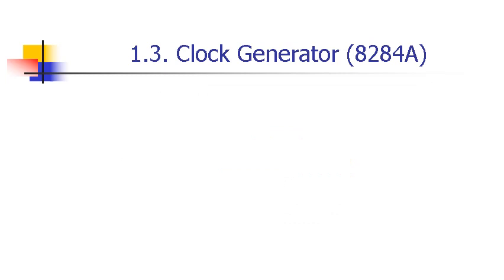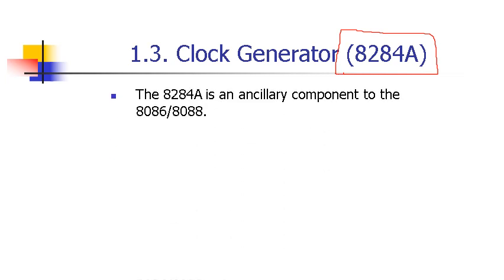Clock generator. We have a clock generator integrated circuit, the 8284A. It generates the clock. No way that your processor can do anything without a clock. It's an ancillary component, a supporting component, an important component to be used along with your processor, the 8086 or 8088.